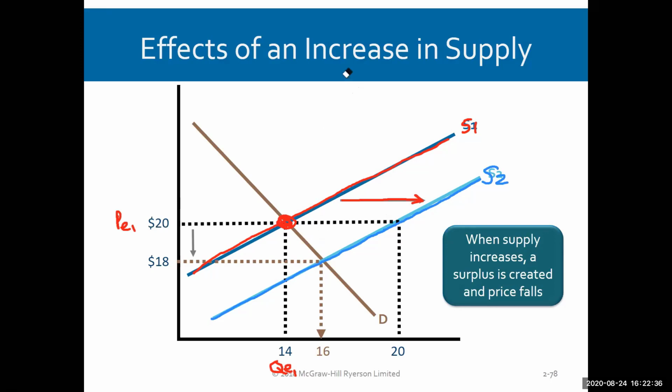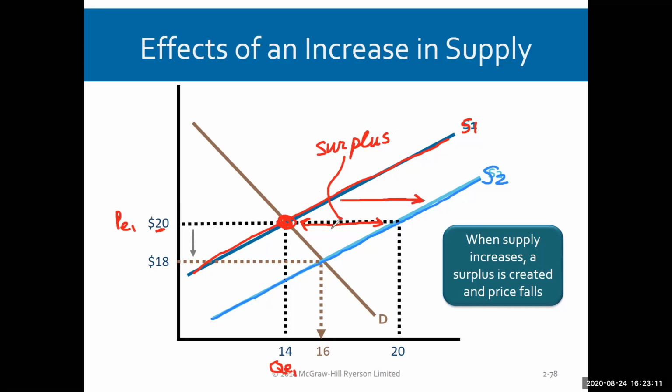Right away, before the price has an opportunity to change, in your mind, would that be a surplus or a shortage? So right at the original price of 20, the equilibrium price, we see a huge increase in supply for whatever reason. And initially, is there a surplus or a shortage? And the answer is, of course, that's a surplus because producers now are willing to produce so much more at that going price.